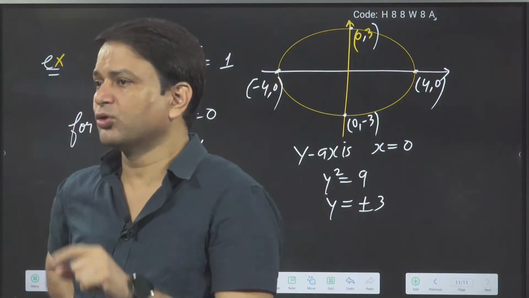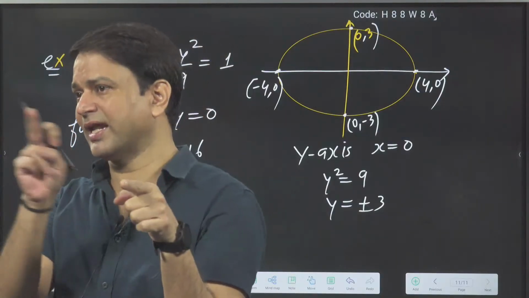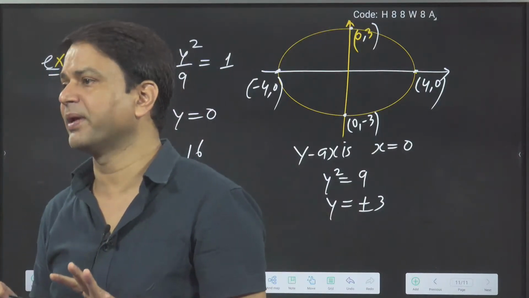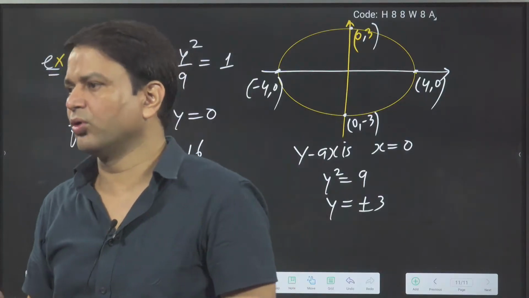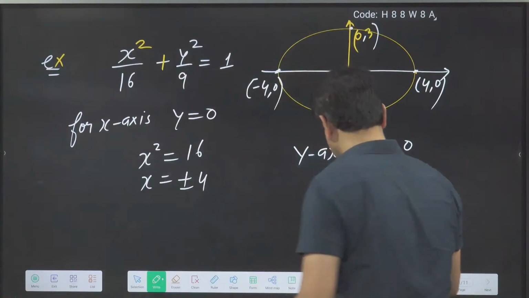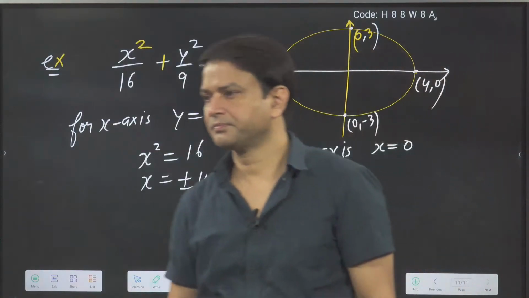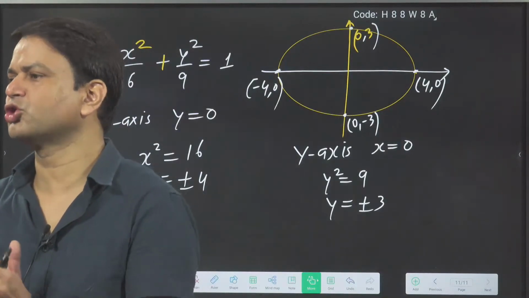X-axis. So the length of the major axis is basically the x-intercept. Minus 4 to 4 means 8, so 8 is the length of the major axis. And what is the length of the minor axis? 6. Everybody getting it or not? So basically we can say the length of the major axis is 2a.